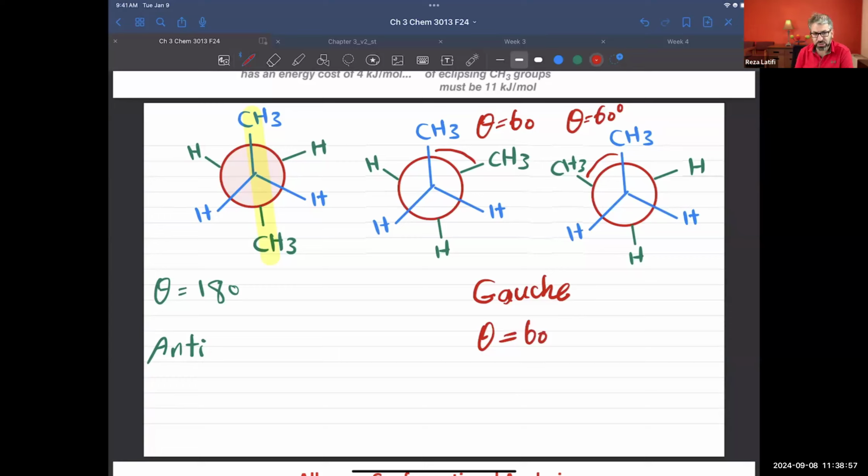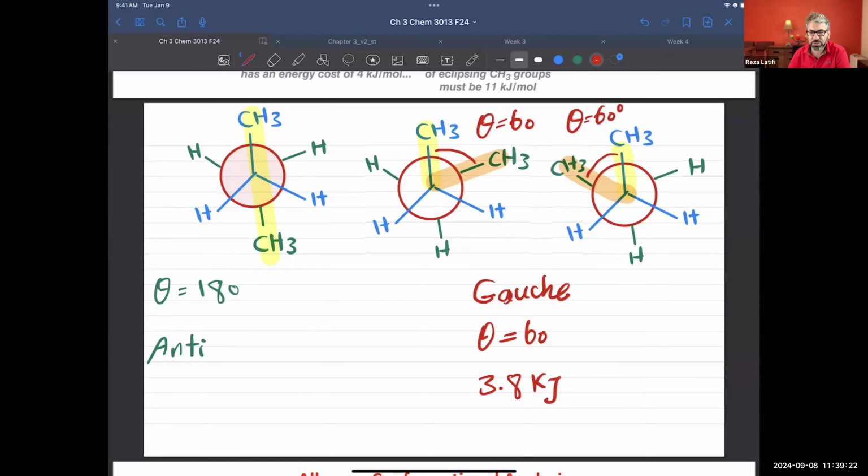Because the dihedral angle is smaller than 180, that's going to make the system unhappy, and it will create technically repulsion. How much repulsion do we get? It's going to make the system unstable by 3.8 kilojoule.